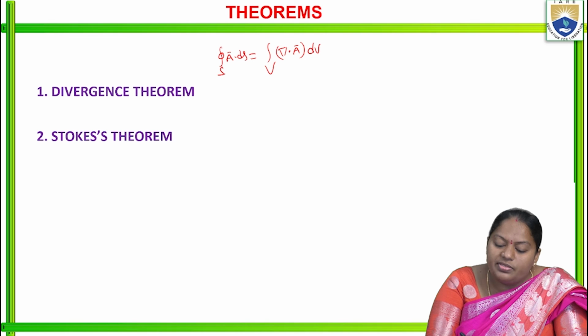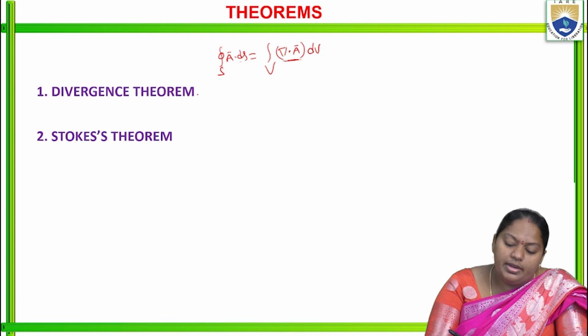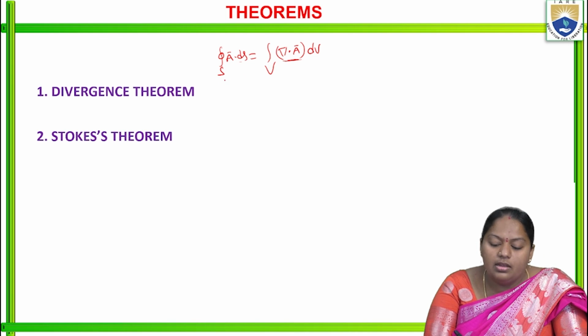The closed surface integral of vector A with a differential surface area is equal to the volume integral of the divergence of A with a differential volume. It gives us the relation between surface and volume integrals. If we close the surface, it becomes a volume. This divergence theorem is applicable for two-dimensional as well as three-dimensional vectors.